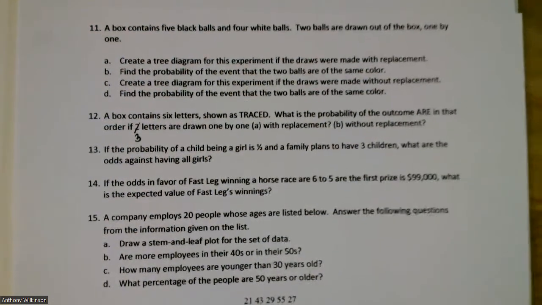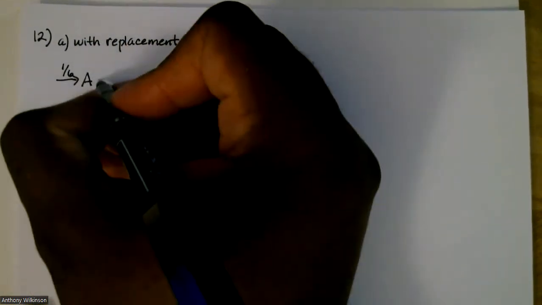All right, let's start with replacement. So that means our probability is not going to change here. The probability of getting an A, since there are 6 letters in the word TRACED and only one A, is going to be 1/6.